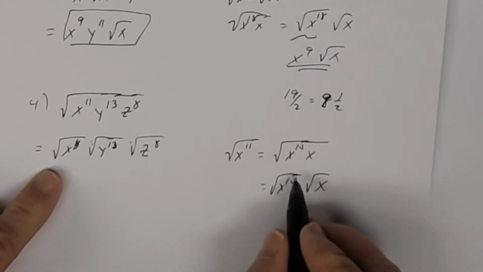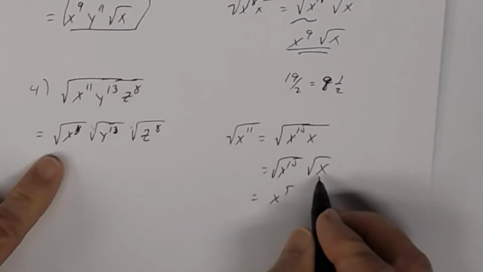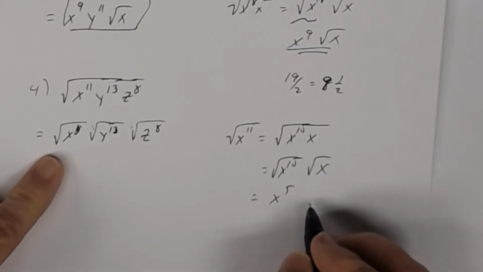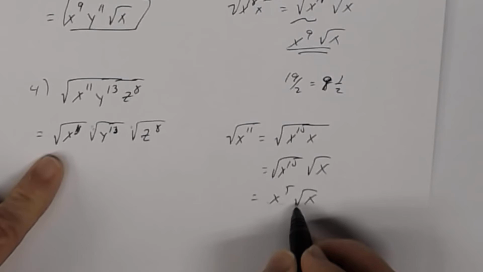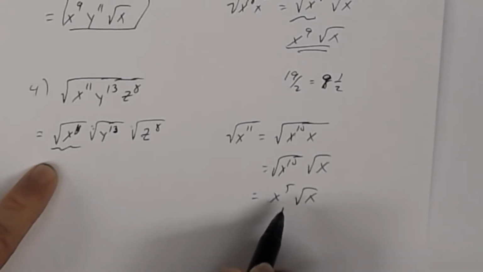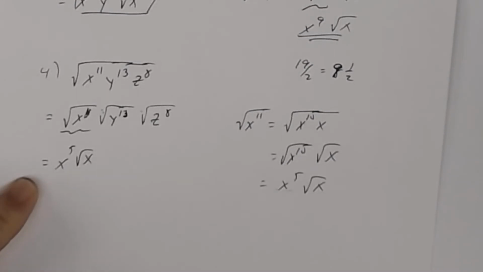Now what's the square root of x to the 10th? 10 divided by 2 is 5, so that's x to the 5th. Can I simplify the square root of x? No, because the exponent 1 is less than the index. So that is x to the 5th square root of x.